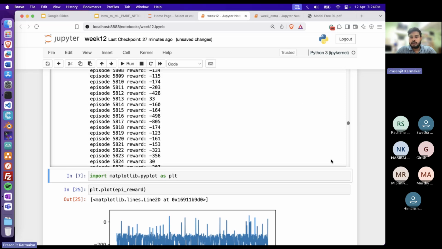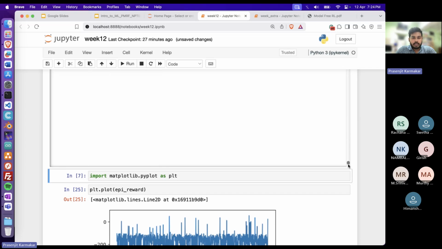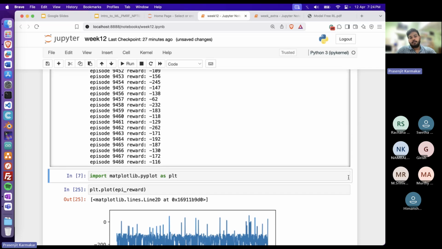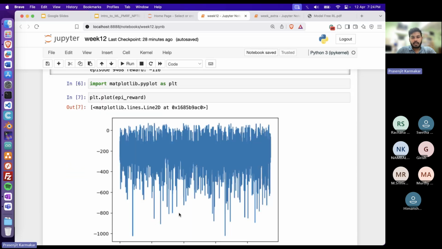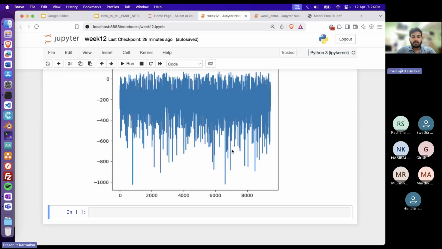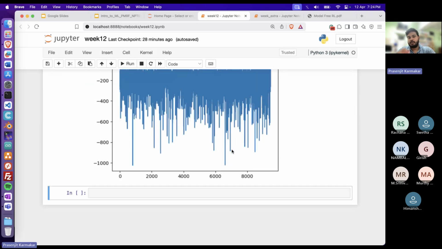Okay, it's done. So how many episodes did it run? It ran for almost 9,500 episodes. Okay, so it played that game for 9,468 episodes, and this is my reward function. So it's basically not improving that much.